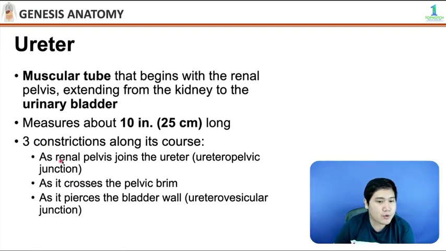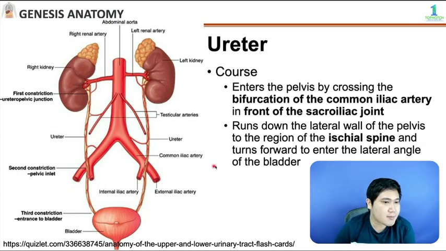First at the uretero-pelvic junction, second as it crosses the pelvic brim, and lastly as it enters the bladder wall, or your uretero-vesicular junction. Asan yung mga constriction? First, at the uretero-pelvic junction.